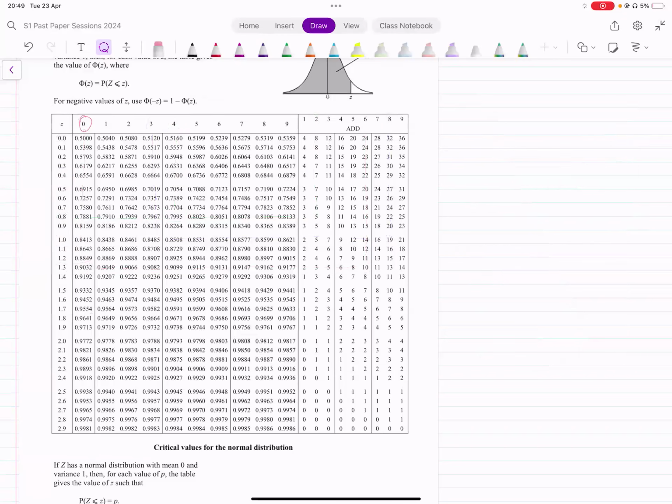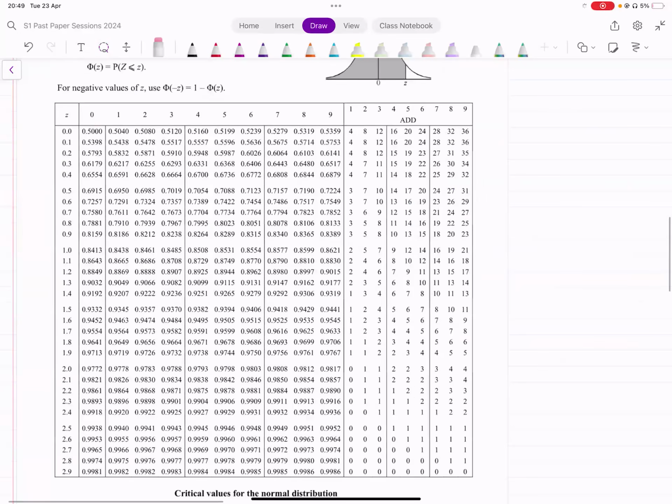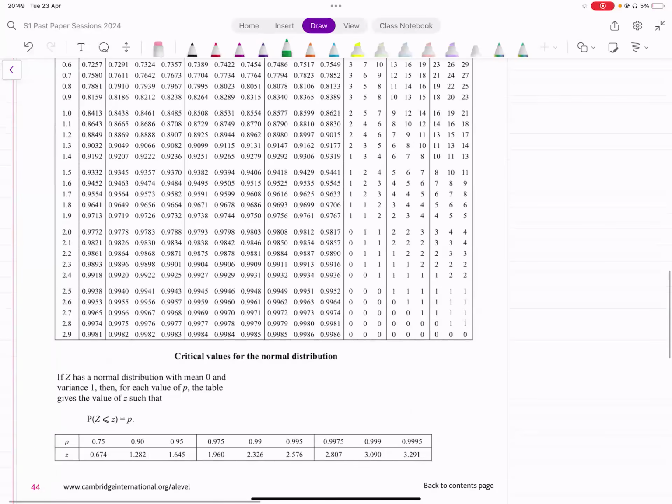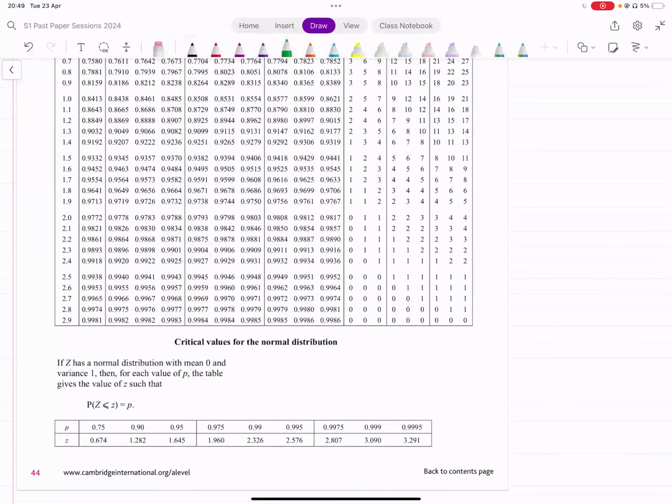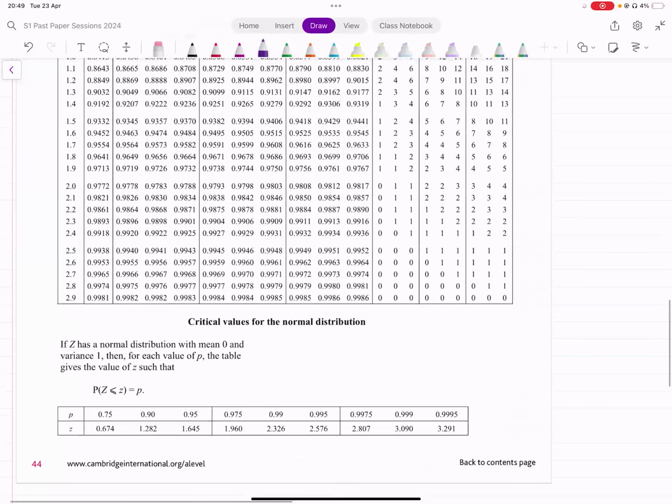Okay, so this was the table. Probability was 0.9. If you notice at the end of the table, you have this value given directly as well. There are some common values that they list at the end of the table: probabilities 0.75, 0.9, 0.95, and so on.